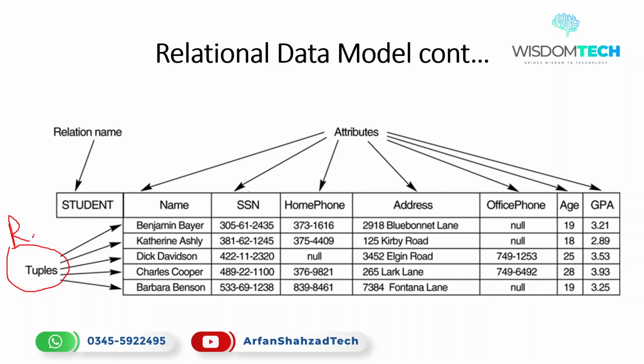So you can see there are different rows or records, and all of these records are uniquely identified by this column, which is SSN. This SSN cannot be the same even for two different persons. So this type of information or column can be used as a primary key, which can never be the same.